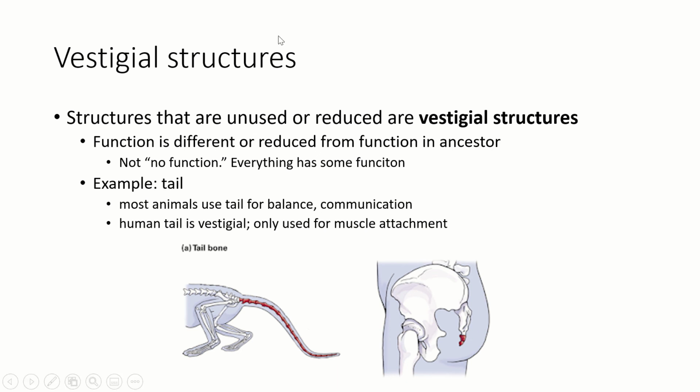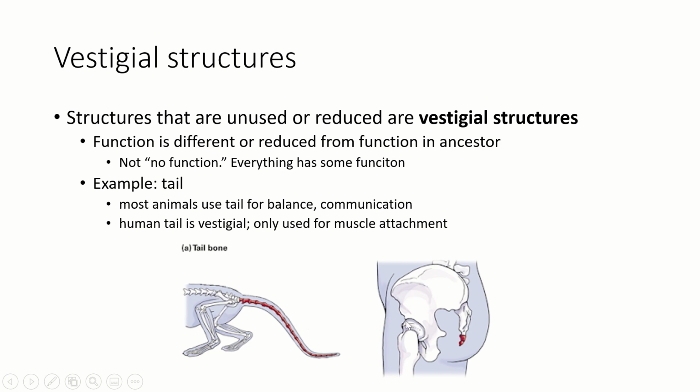Now, there is a mistake in your textbook about this, which says that vestigial structures have no function. And that is actually something that used to be accepted. We now know that all vestigial structures have some function.